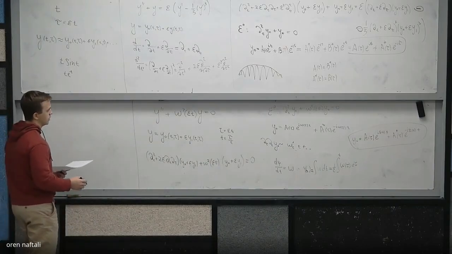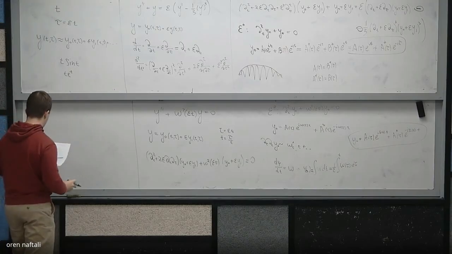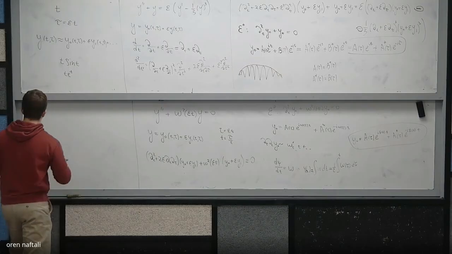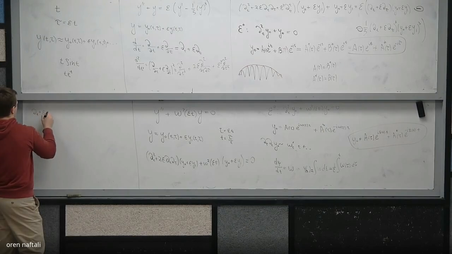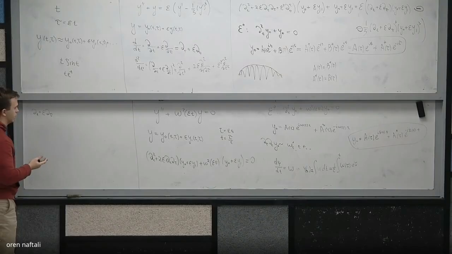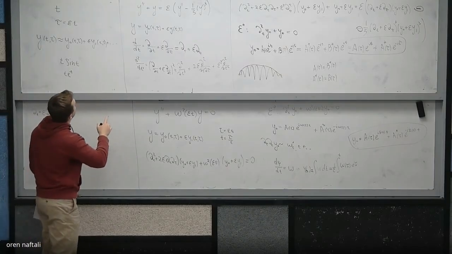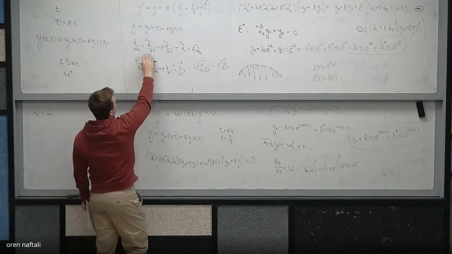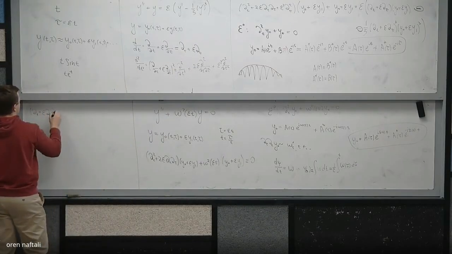So let's calculate y naught prime. Again, by prime I mean this operator, which is just the derivative with respect to t of y naught.